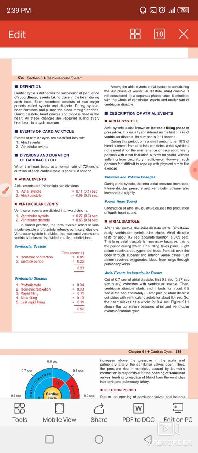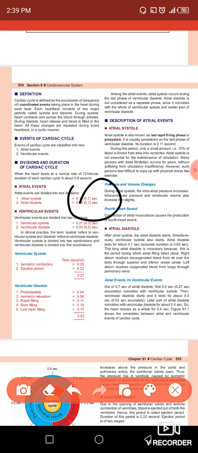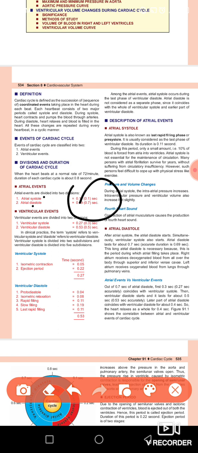So now there is atrial event and ventricular event. The atrial event is composed of atrial systole and atrial diastole, and the duration of it is given here. The ventricular event is again composed of ventricular systole and ventricular diastole, if the durations are given to you. Ventricular systole is composed of isometric contraction and the ejection period.